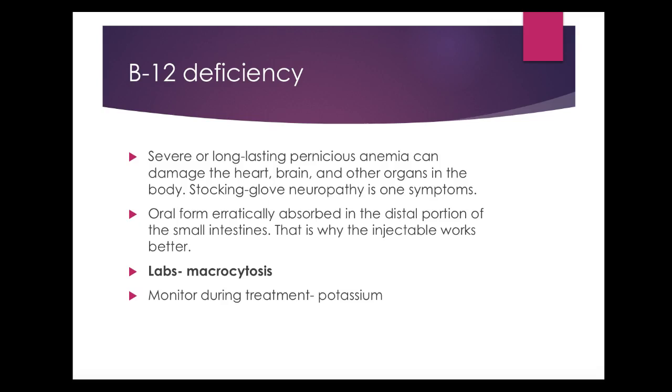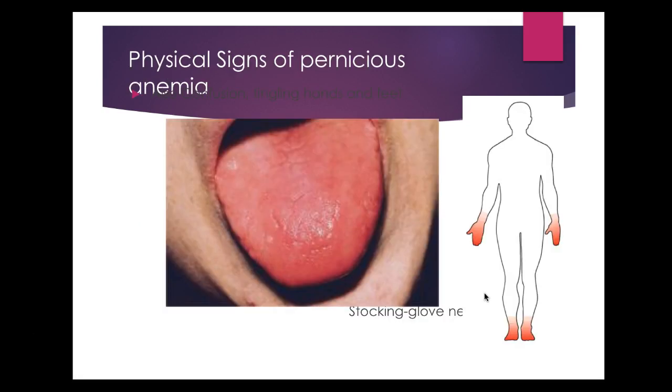The one hallmark sign of B12 deficiency is stocking glove neuropathy, so they can get tingling of their hands and their feet, but their hands, it's really common and a hallmark of B12 deficiency. So what you're going to see again is the macrocytosis. If they're taking B12, you want to monitor their potassium. It's just one of those things that the potassium can become abnormal and go down.